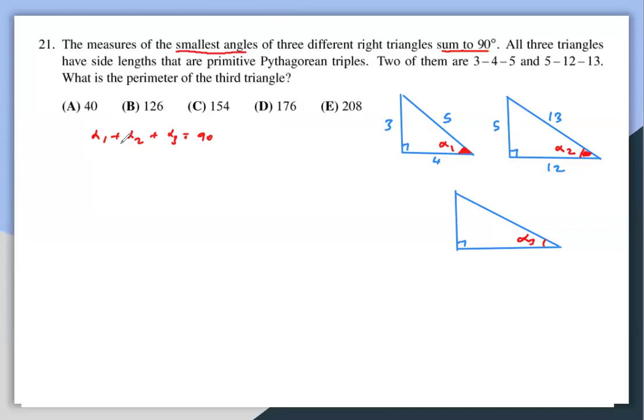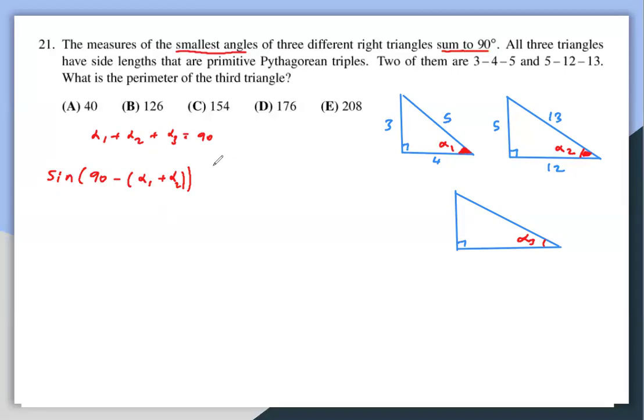Instead, since we know the sum is 90, which is really useful, when two angles are complementary, the sine of one equals the cosine of the other. So if I take the sine of 90 minus alpha 1 plus alpha 2, when you subtract this sum from 90, you actually get the sine of the third angle.